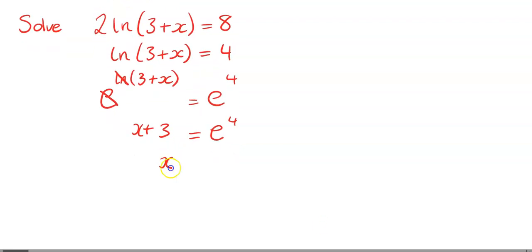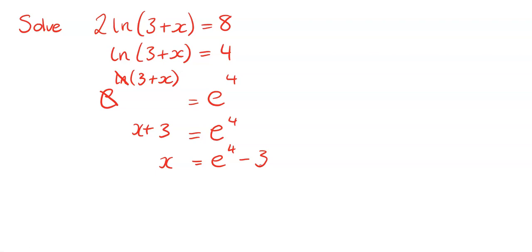The next thing then is to take away 3 from both sides to leave us with x equals e to the 4 minus 3. Now, that kind of feels a little unnatural to say that that is the answer because we're so used to letters being variables. But remember, e is just a number, like pi.